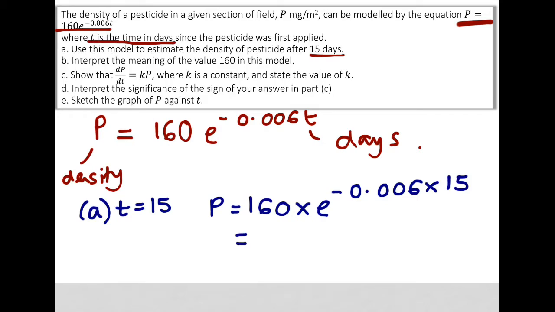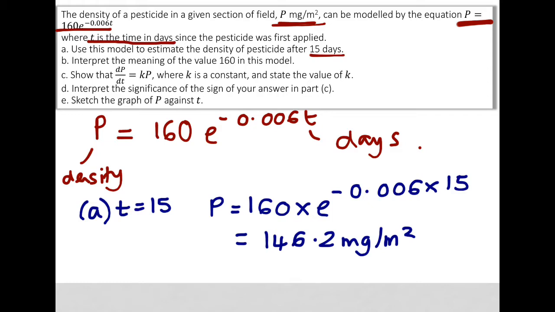Well, I'm hoping that you managed to get 146.2. Now don't forget your units because it's density. You're given the units up here, so make sure you pick them up and use them, and that's milligrams per metre squared. So actually, part A, after all of those words, was asking you to do substitution, which you're brilliant at, so that's easy marks. Fantastic.